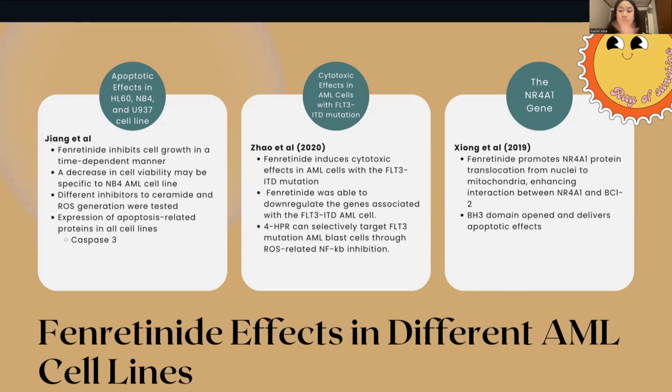So when this happens, NR4A1 can interact with the BCL2 family, specifically the BH3 domain, which is one of the pathways to lead to apoptosis. So the BH3 domain is an apoptosis agonist here.